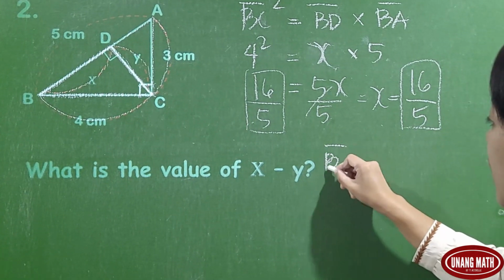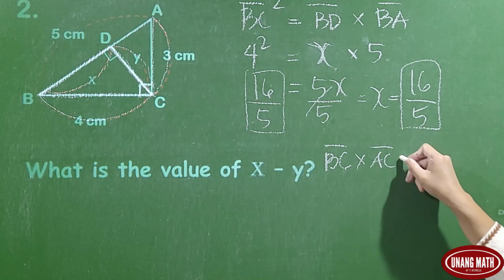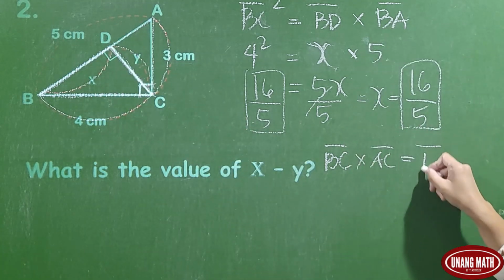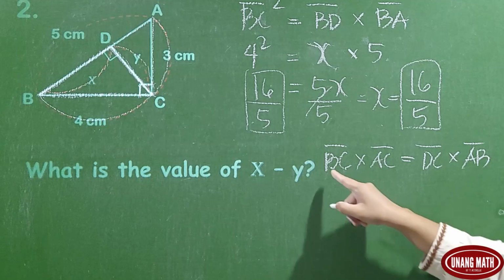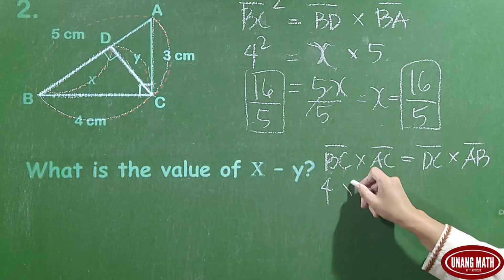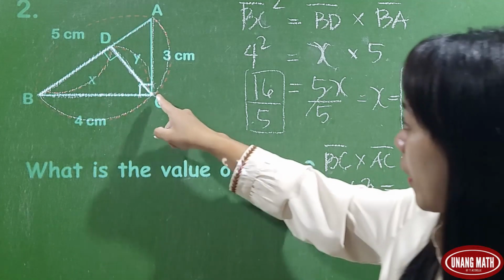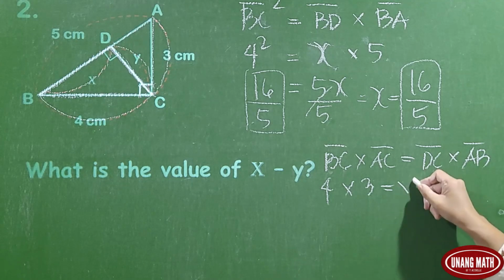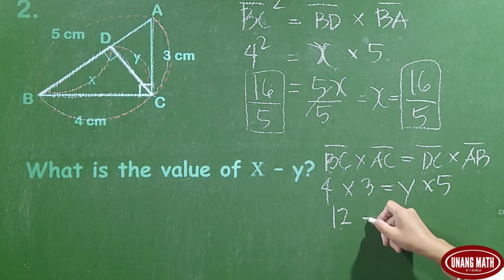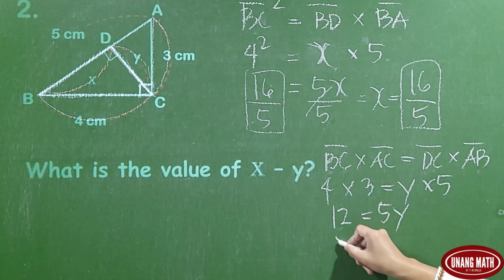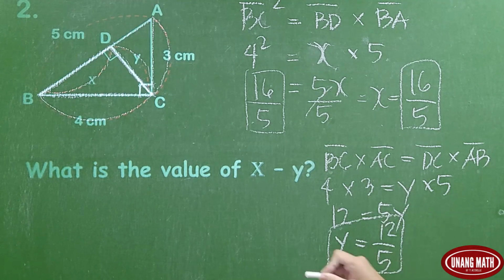So we have segment BC times segment AC is equal to segment DC times segment AB. BC is 4 centimeters. AC is 3 centimeters, so this is equal to DC, represented by variable y, times AB, which is 5 centimeters. So we have here 12 is equal to 5y. So it means y is equal to 12 over 5.